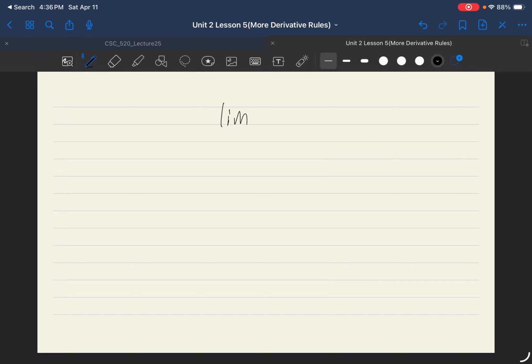Let's do the limit as x approaches 3 pi of cosine of x minus, that's going to be plus 1 actually, because it's minus negative 1, which will automatically be plus 1, over x minus 3 pi.